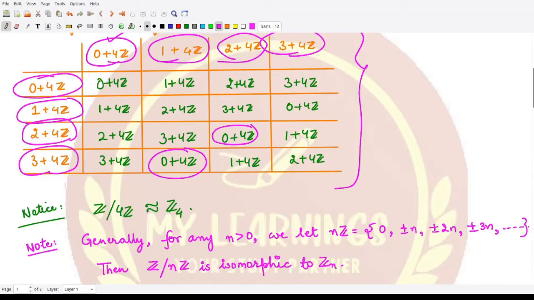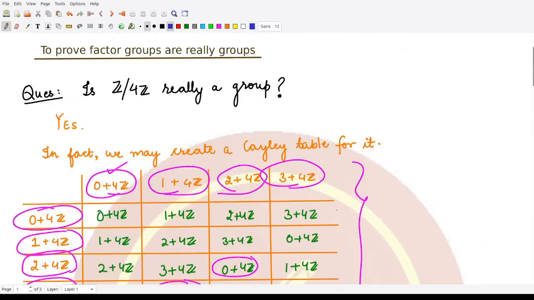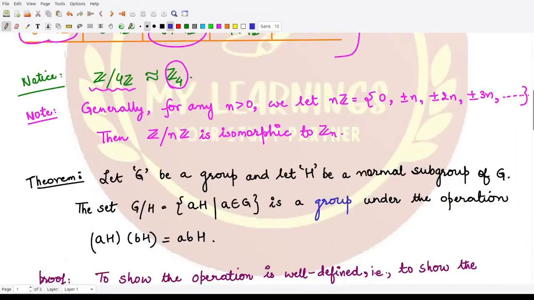Here you can also notice that this quotient group is nothing but the addition modulo 4 group, so this is also a finite group. After looking at this example, we can define it generally.